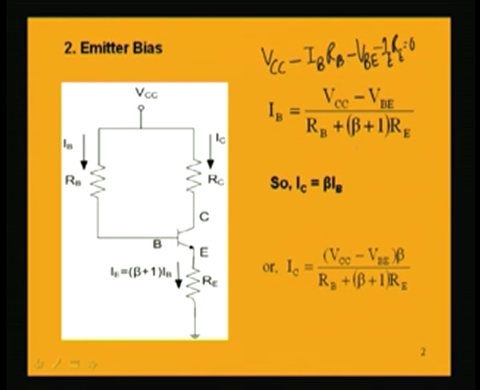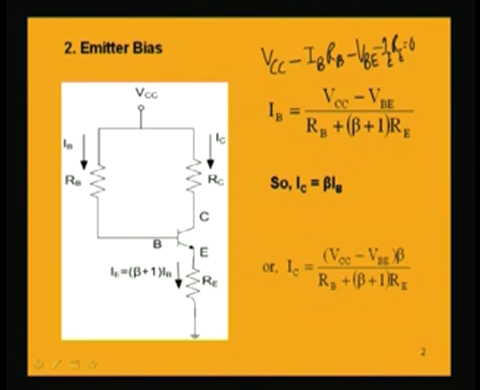And so, the collector current IC can be found out after finding IB; we multiply IB by beta and we get the collector current. Of course, in all this analysis we are ignoring the leakage current or reverse saturation current, because it is in the active region, we can very well neglect that part.